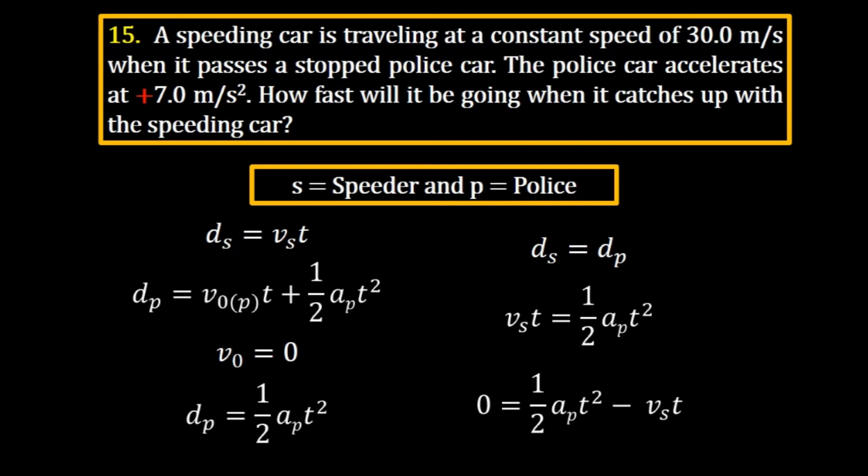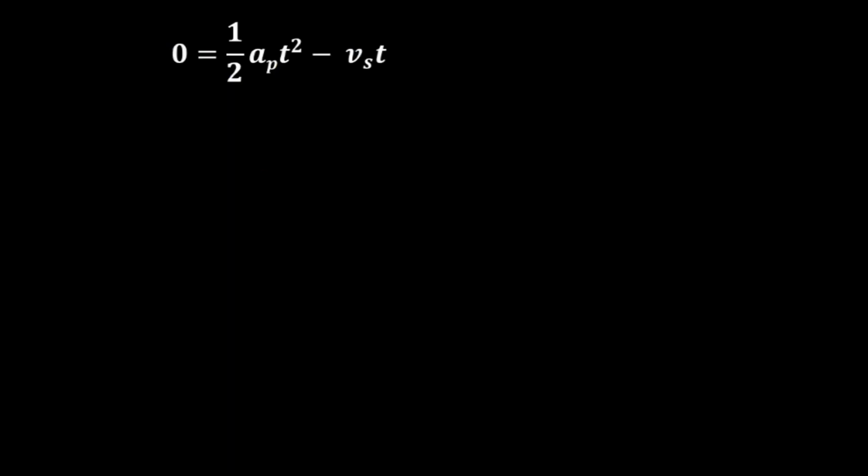Set it equal to 0 and factor out a t. The t will be 0, and that is worthless. It means nothing. The time would be 0, which makes no sense.